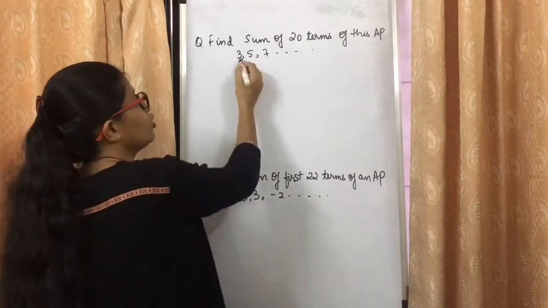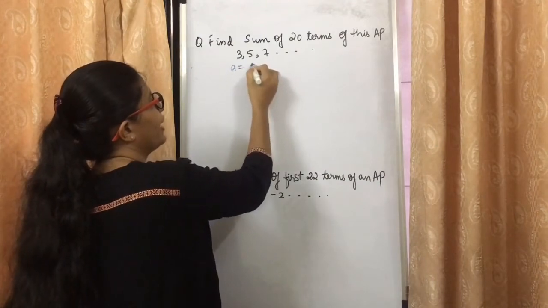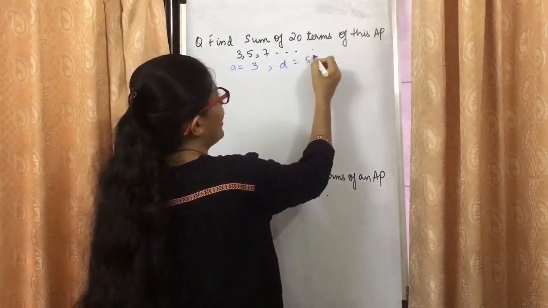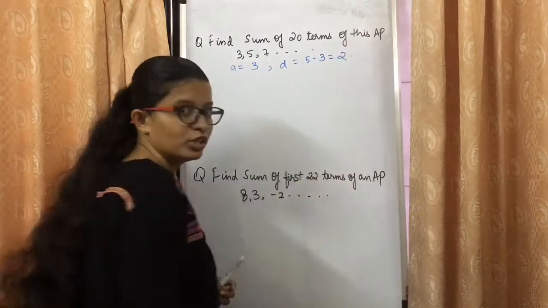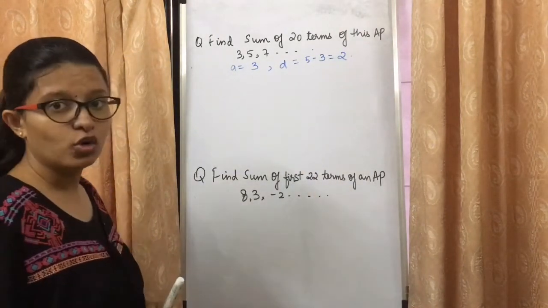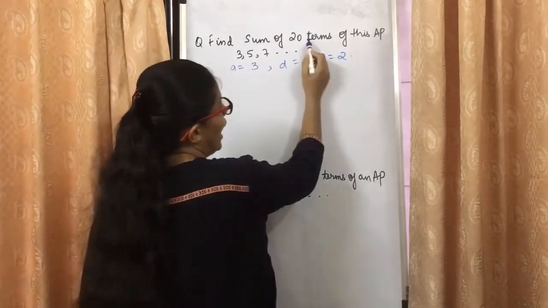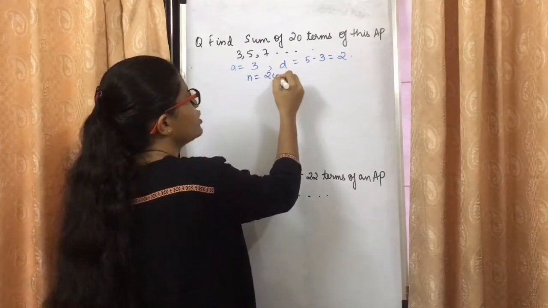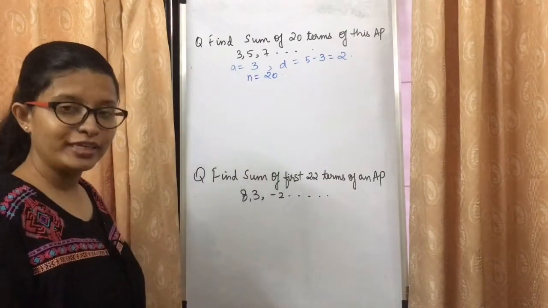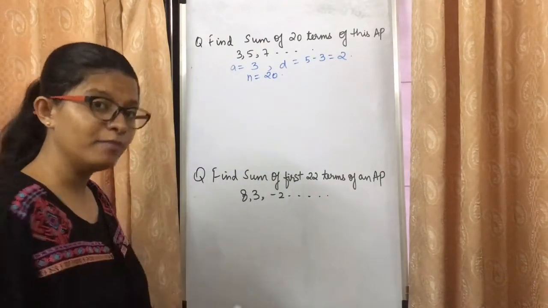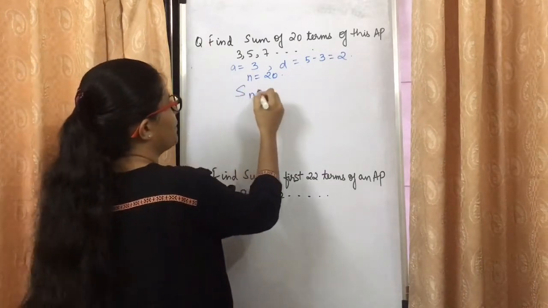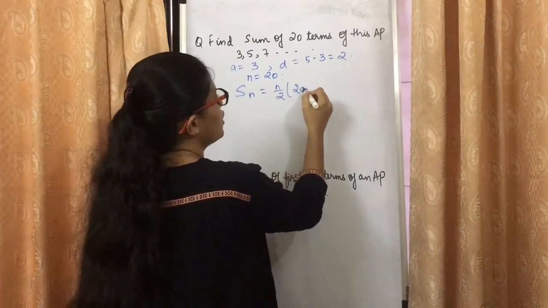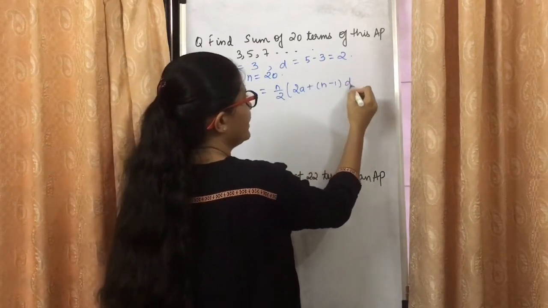Looking at the series, we can tell our a is 3. a is 3 and what is d? d is 5 minus 3, which comes out to be 2. So we know a and d. Now we have to take out the sum of 20 terms. So what is n over here? n is 20, because we need to take out the sum of the first 20 terms. Now our weapon: Sn is equals to n by 2 into (twice a plus (n minus 1) into d).